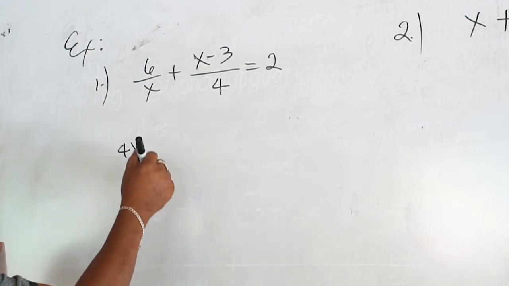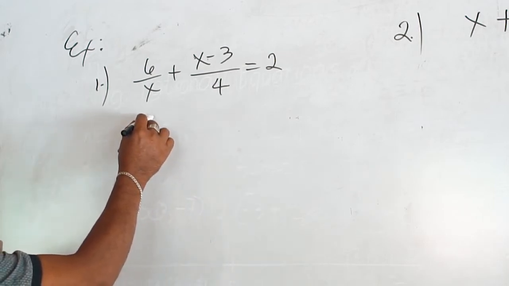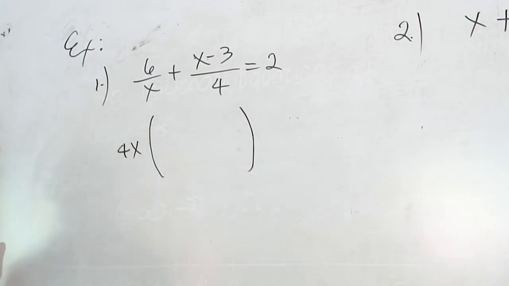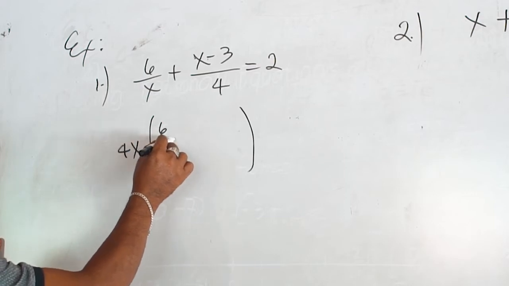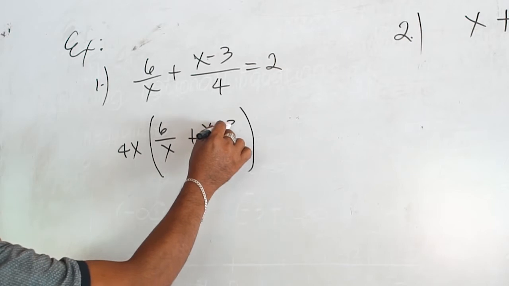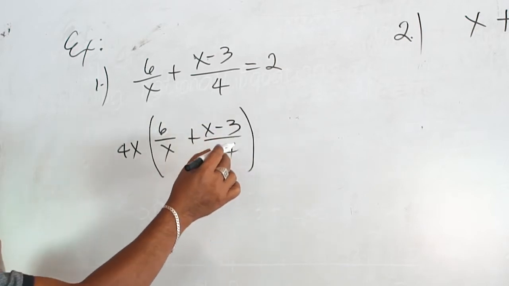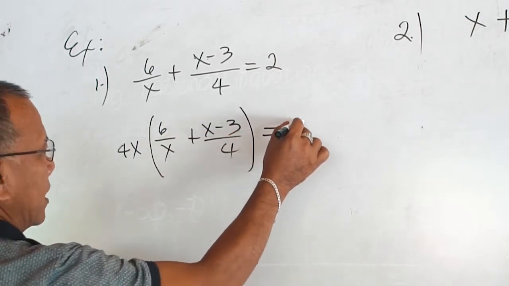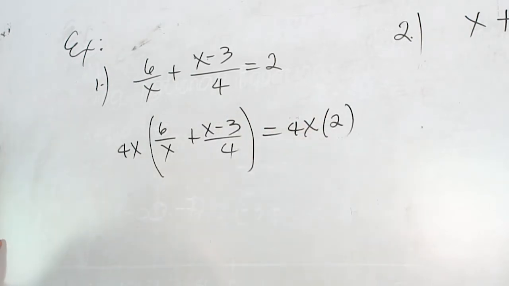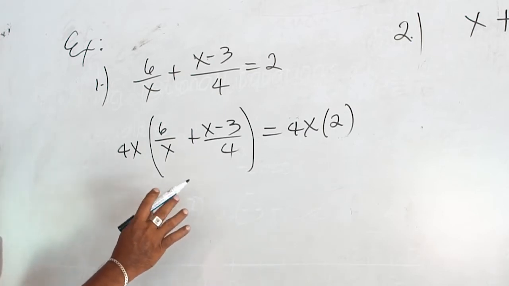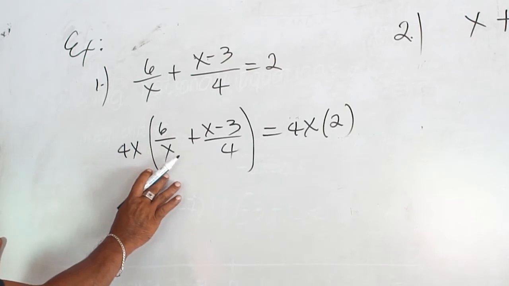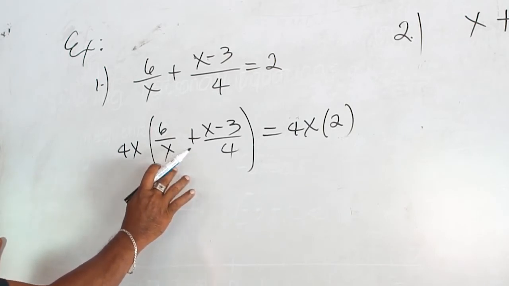Then multiply the least common denominator to both sides of the equation. So we have 6 over x plus (x minus 3) over 4 equals 2, all multiplied by 4x. Then multiply the least common denominator to the given numerators.